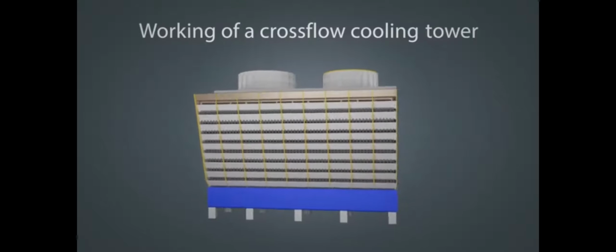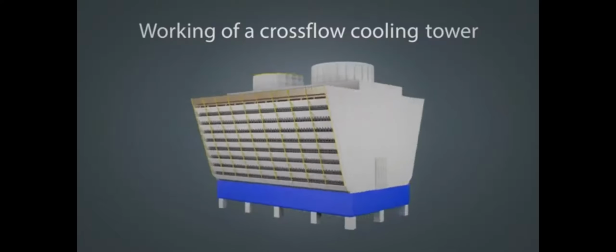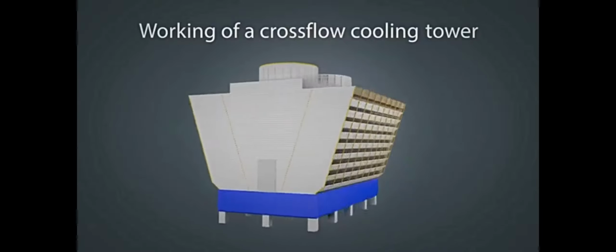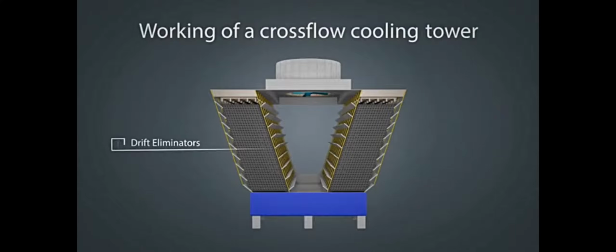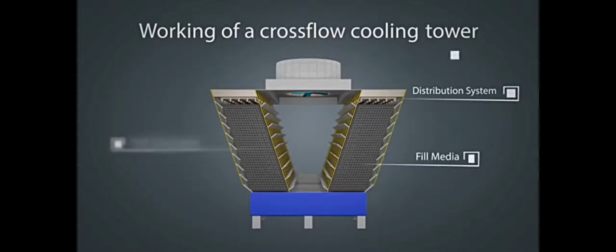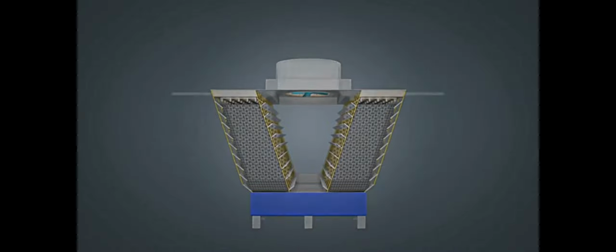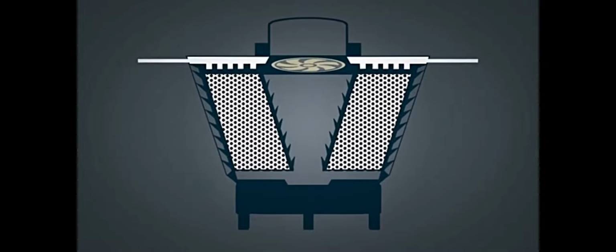One of the devices where mass transfer happens is the cooling tower. A cooling tower is used to cool hot water in industries and power plants. It consists of three important components: distribution system, film media and exhaust fan. The hot water enters the cooling tower with the help of the cooling water distribution system and flows over the film media. The film media enhances the heat transfer surface area.